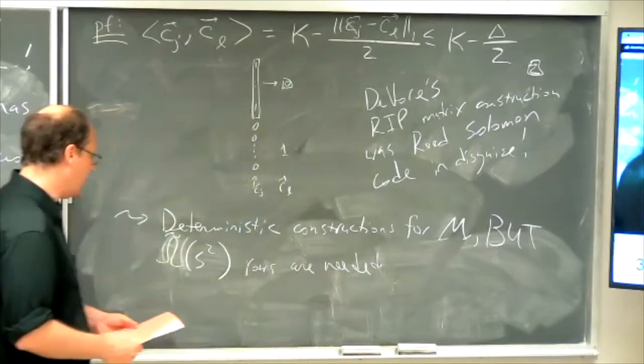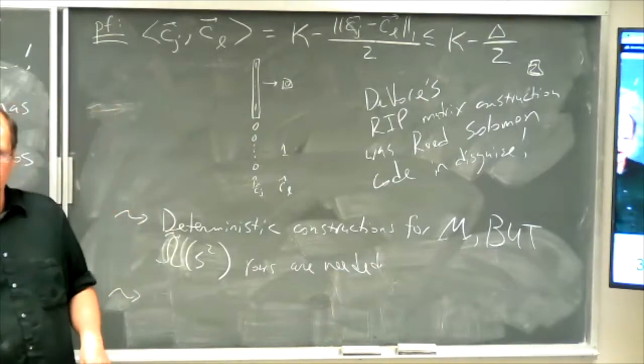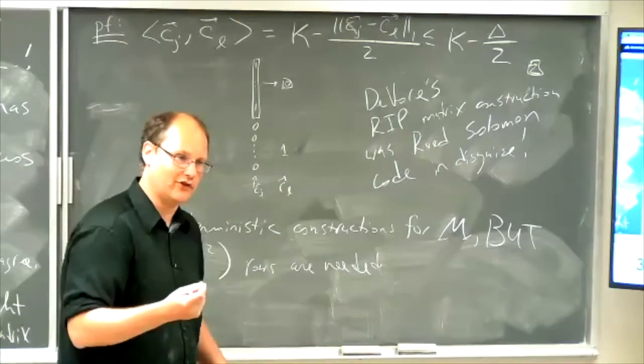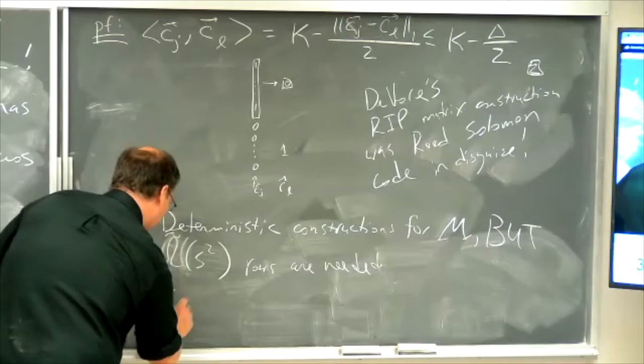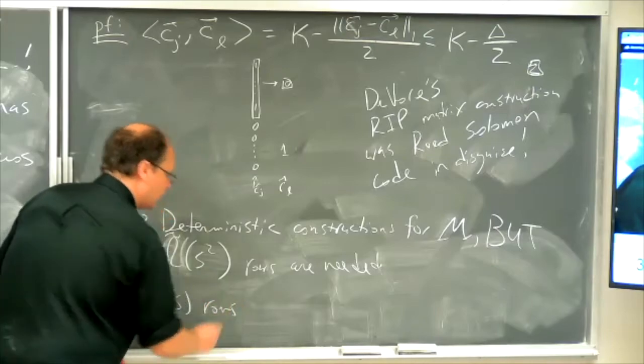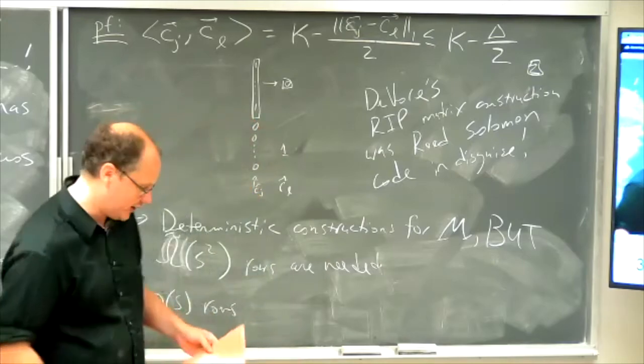Final thing, if you want to improve for a particular X and get a randomized construction that still works, I just want to point out that order S rows are possible in a scheme that uses the same median recovery method and the types of things I'll talk about later.